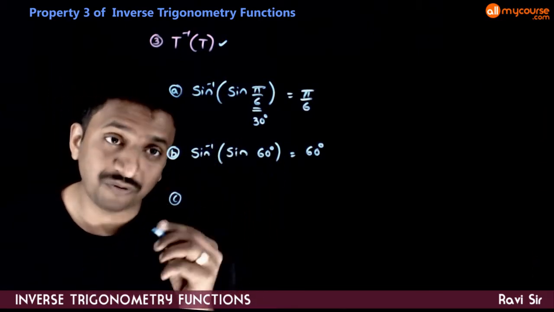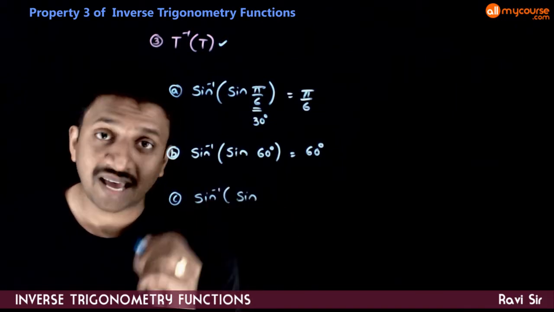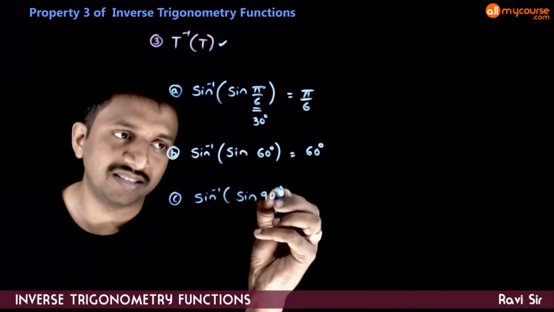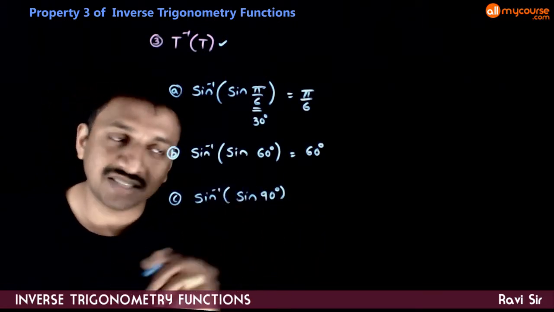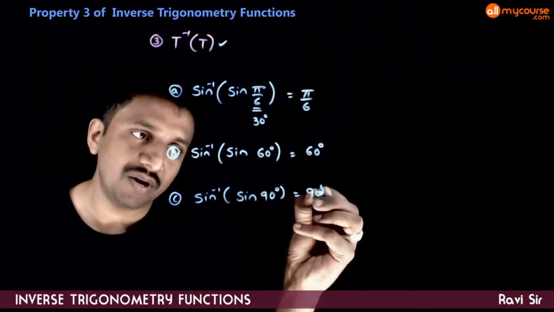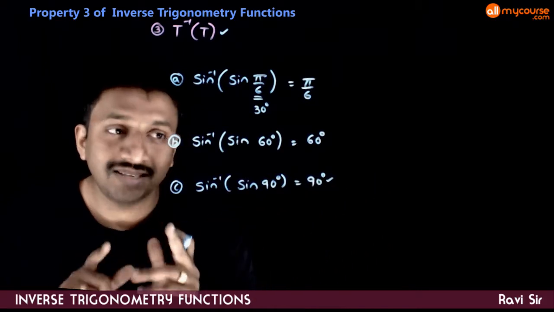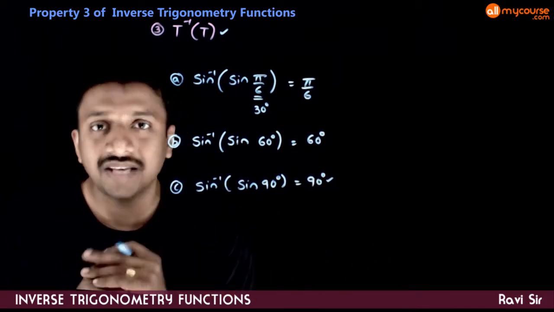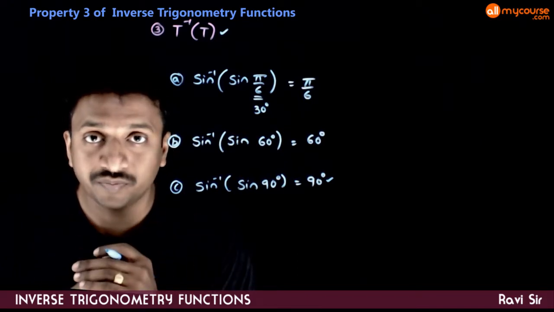Now let us move forward. Sine inverse of sine 90 degrees. Even now sine inverse and sine get cancelled, so it is equal to 90 degrees, because 90 degrees also lies in the range of sine inverse. Because the range of sine inverse is minus pi by 2 to pi by 2.